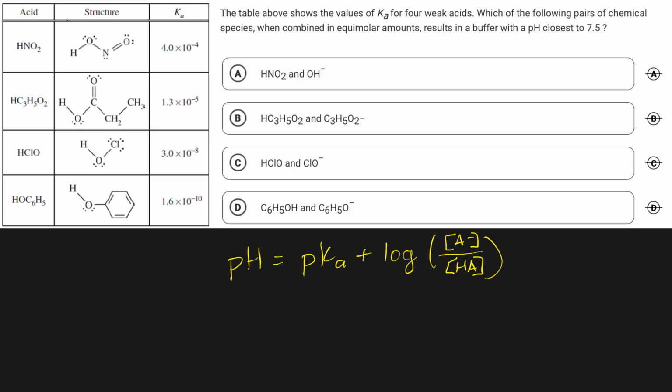Now, what happens if our concentrations are the same? That means we would have log of 1. And if you plug log of 1 in your calculator, you end up getting 0.